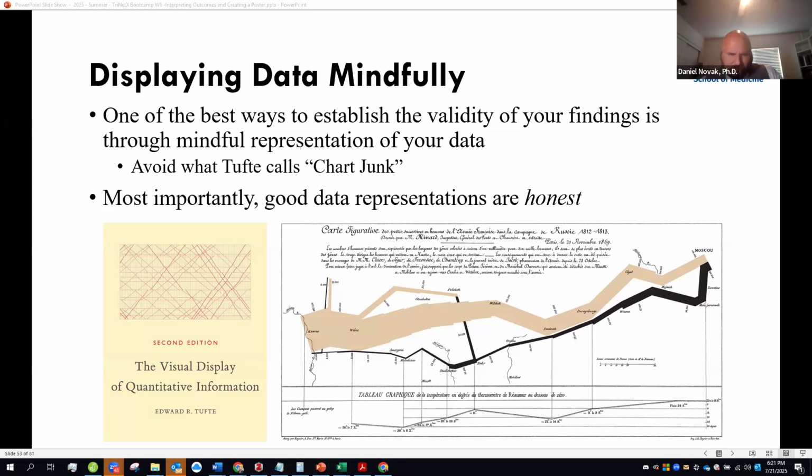And this is actually, I always pick this one. This is the diagram he believed was the best visual representation of data ever made in hundreds of years. It is a map of Napoleon's army as it went to Russia, which is the beige line over here, and after their defeat and return to France later on.